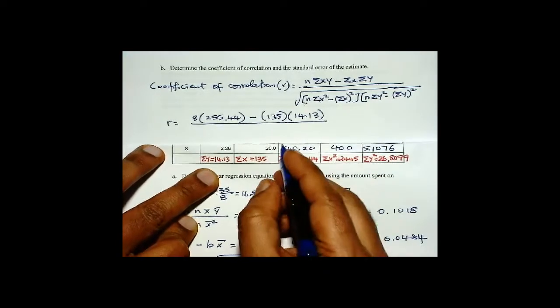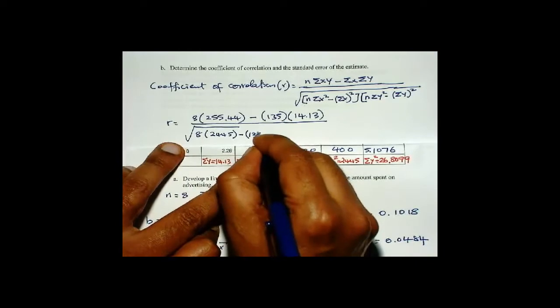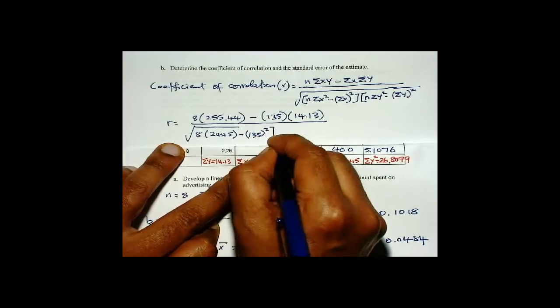And in the denominator, we have 8 times sum of x squared, which is 2445, minus sum of x squared, 135 squared. So that's one part.